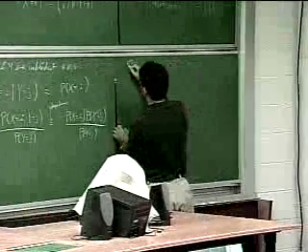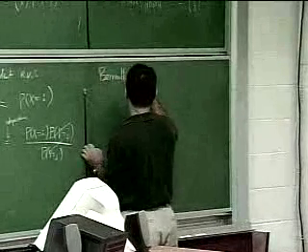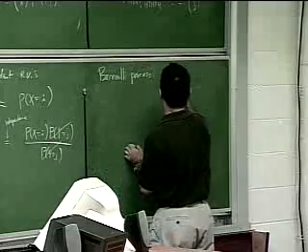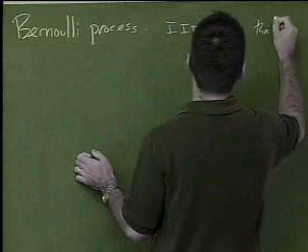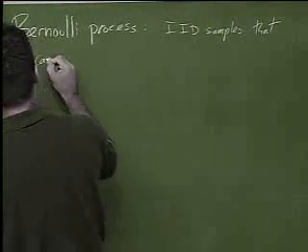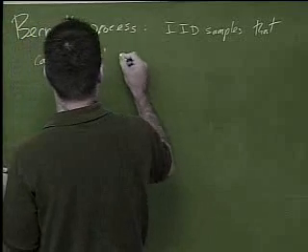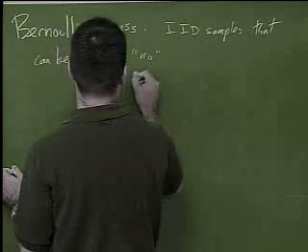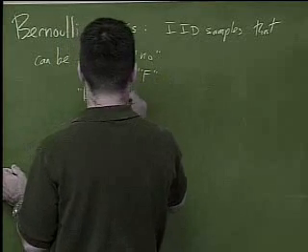Okay, Bernoulli process. It's just a term for IID samples that can be yes or no, true, false, heads or tails.